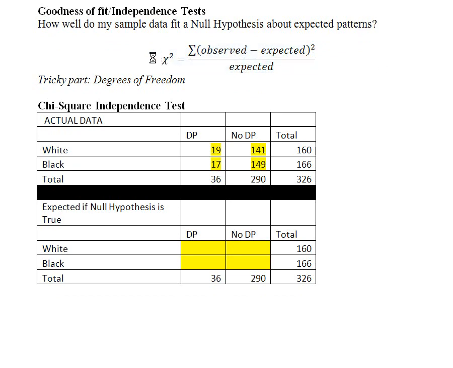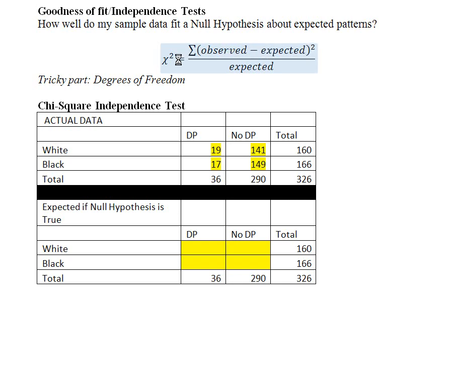Our chi-squared statistic for a goodness of fit test is based around the idea that in the numerator you have your observed data from your sample, and you want to see how far that observed data is away from what a null hypothesis would expect. And you're going to calculate that difference, that deviation, and square them and add them up.